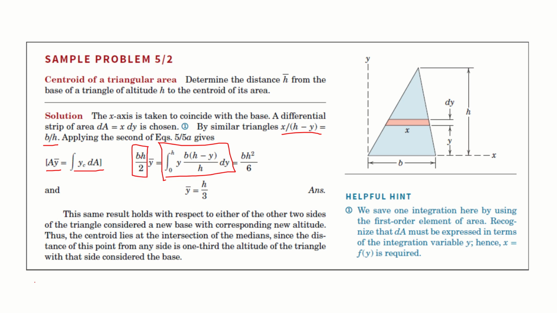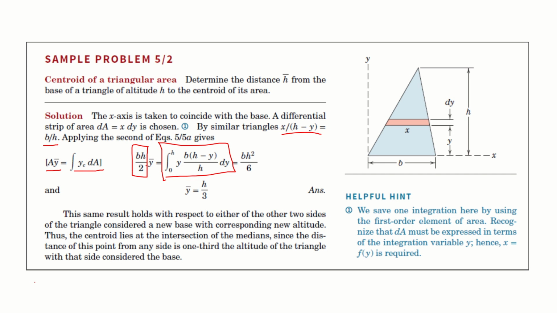If you remember, the basic area of a triangle is half into breadth times height. And if you talk about the variation along the x-axis, this means your breadth is going to change. Accordingly, your height is also going to change. So how is it going to change? You say x over h minus y.